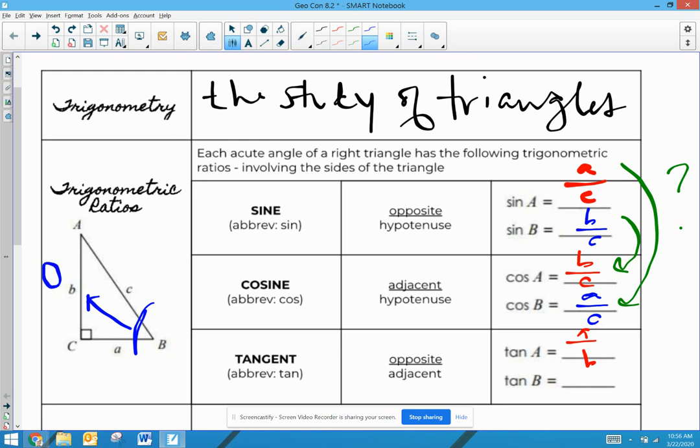So this is the opposite, this is adjacent, and that is the hypotenuse. So I want the opposite side over the adjacent side. So in this case, that would be side B over side A. Nice. Cool, you just did your first trig ratios.